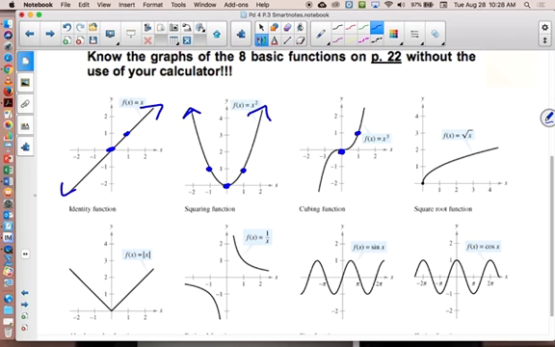The next one is x cubed. The fourth one is the square root of x. Then you have the absolute value of x.